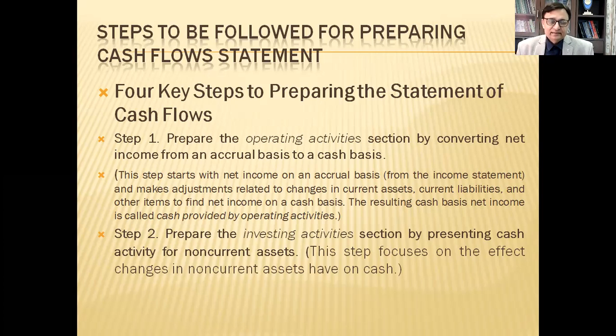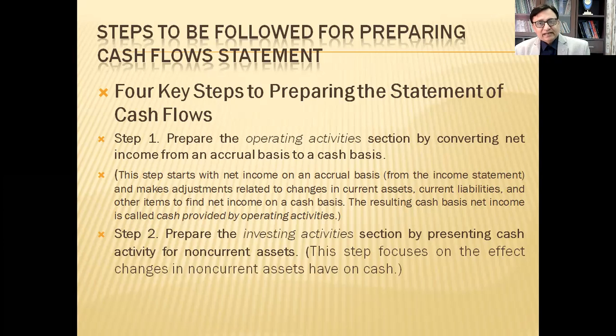We will get this net profit from the profit and loss account, which is already available. If the profit and loss account is available, then naturally we will get the profit figure or the loss figure from that, which is prepared on accrual basis. Because this is prepared on accrual basis, the net profit stated in the income statement may not have been realized into cash.